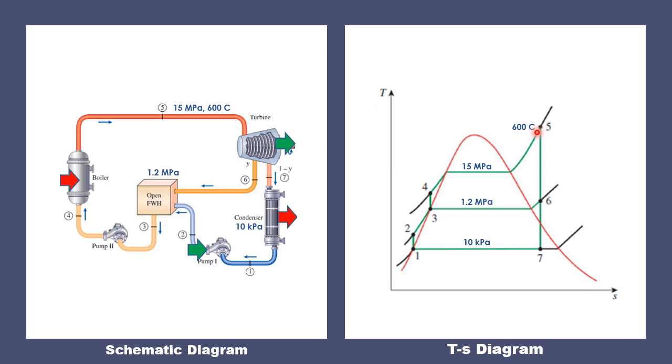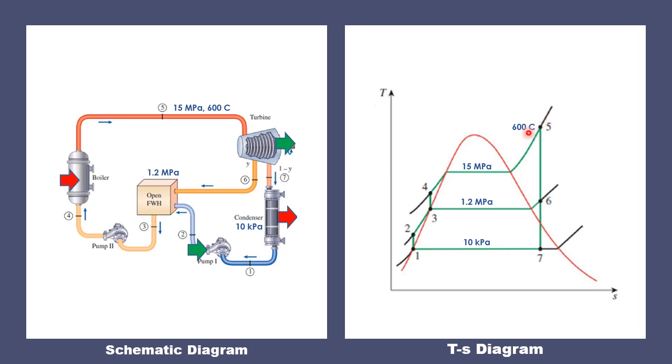You should also take note that the purpose of the regenerative Rankine cycle is to basically increase the average temperature of the heat addition process. And as you can see here, we were able to achieve that by raising the temperature from point 2 to point 4, which is a big leap in terms of the average temperature of the heat addition process.